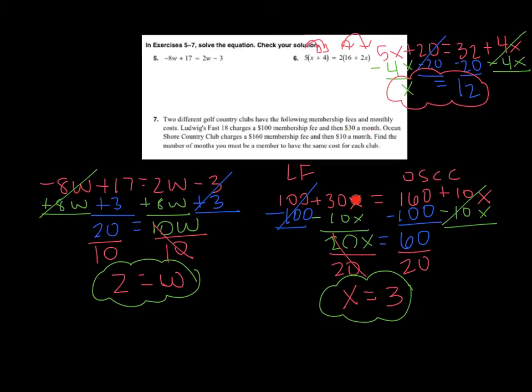So that's the 30x. Since I want to know when the 2 country clubs are going to charge the same amount, I set these equal to each other. Ocean Shore was a $160 membership fee, so there's that one-time fee, plus the $10 a month. Once you solve that equation, you find out that in 3 months, they would charge the same amount.